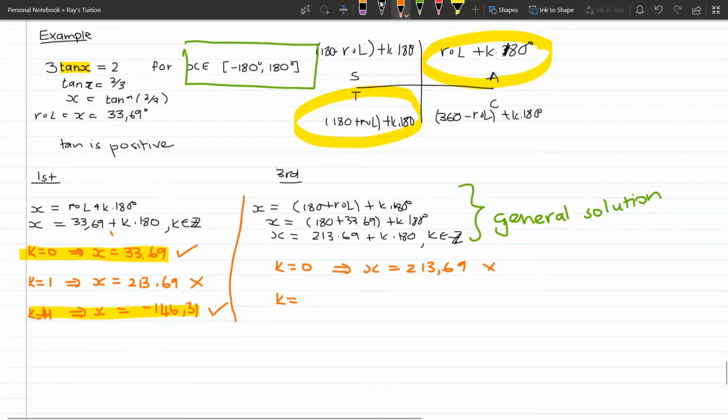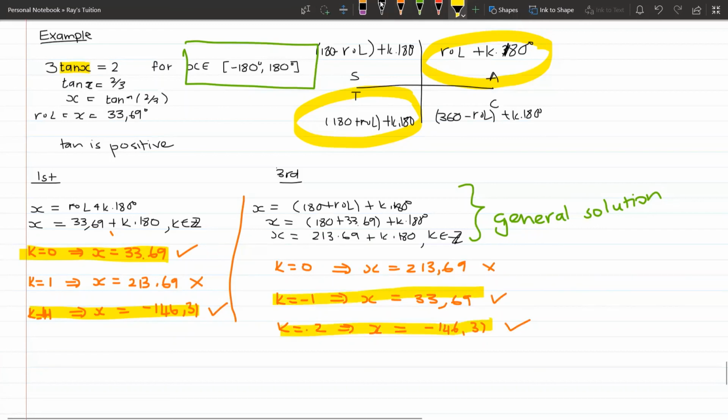When k is equal to minus 1, we get that x is equal to 33.69, which is in the interval. And then when k is equal to minus 2, we get that x is equal to minus 146.31, which again is in the interval. I won't go more negative because then we're going to go out of the interval.